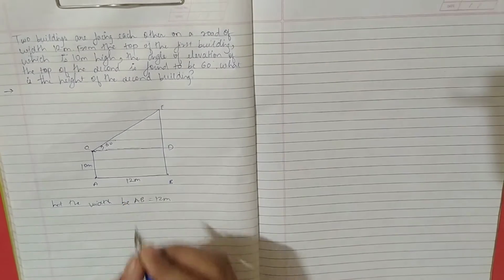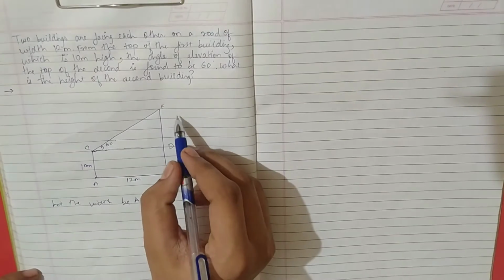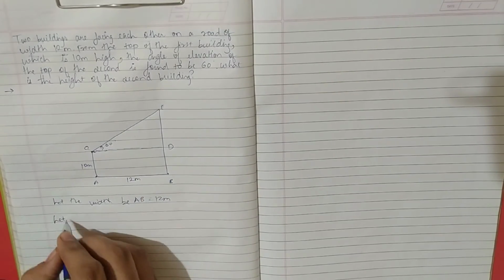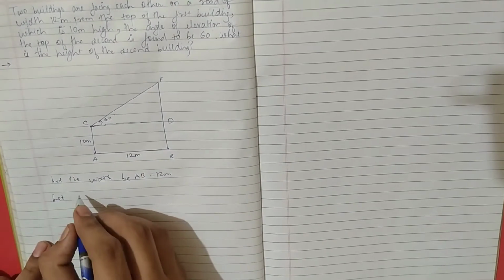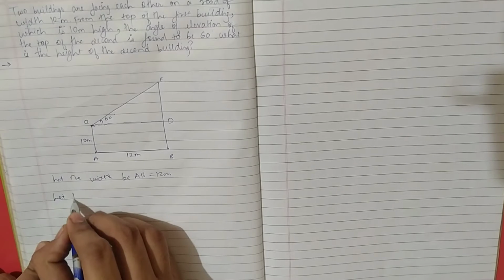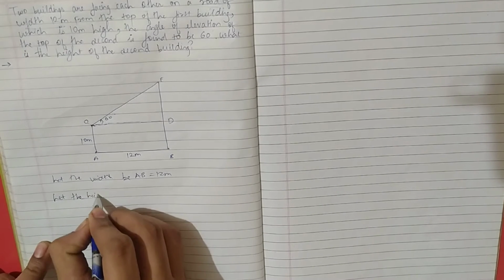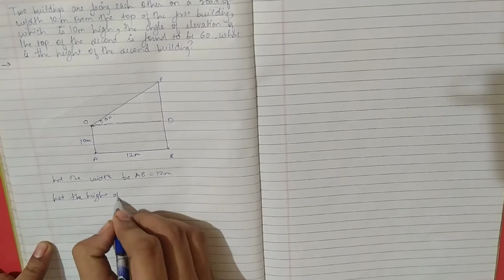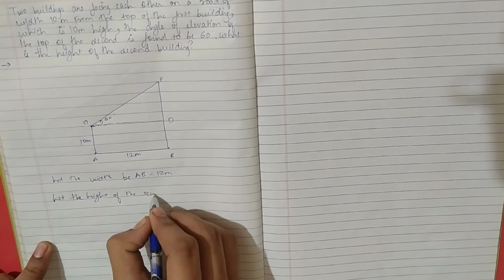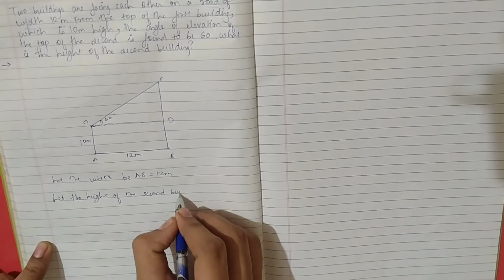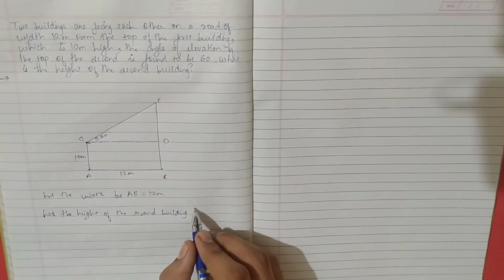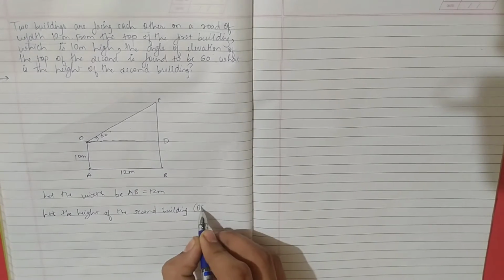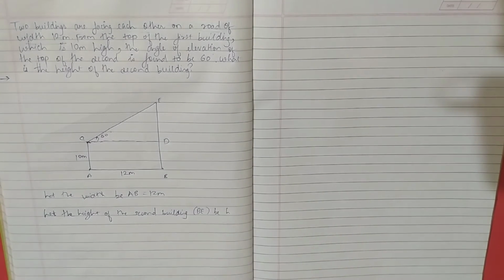We know that AB is 12, and let the height of the second building be BH.